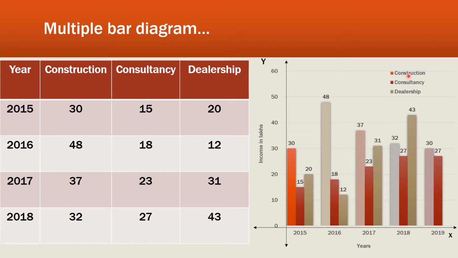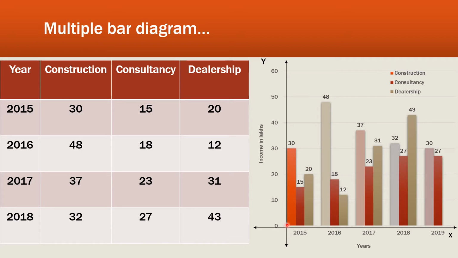And we have mentioned here the various color codes for construction, consultancy, and dealership. And we use 3 different bars for each of the departments in that particular year. So for the year 2015, you have 30, 15, and 20. So here you go. This is for construction, 30, 15 for consultancy, and 20 for dealership. You could specify the frequency of each department on the top part of the bar.